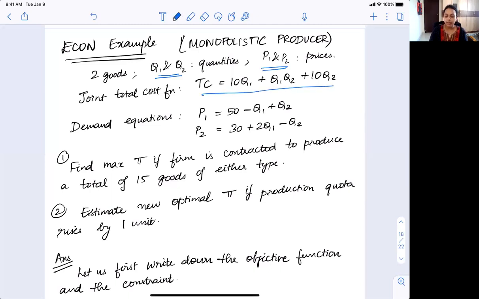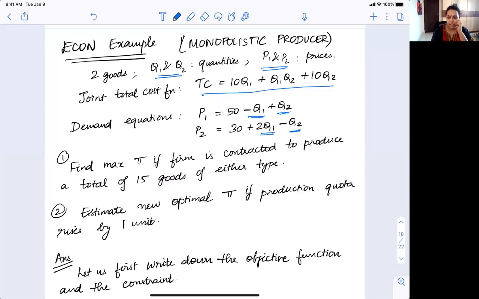And we're given the demand functions for both the goods in terms of P as a function of quantity. So you have P1 and P2. So remember I told you that in a monopoly, the producer is going to have a downward sloping demand curve. So you have P as a function of Q. And just as an interesting tidbit, notice how P1 is going to be a function of Q1 as well as Q2.